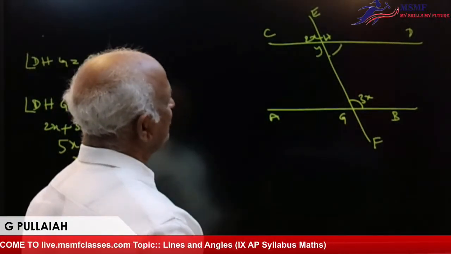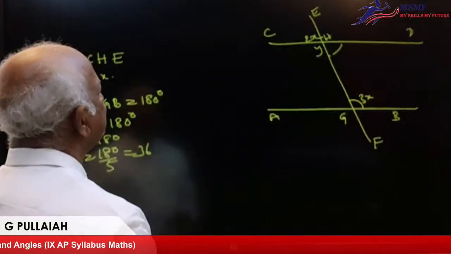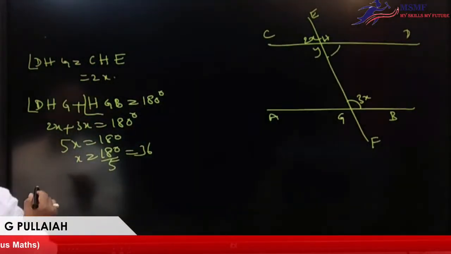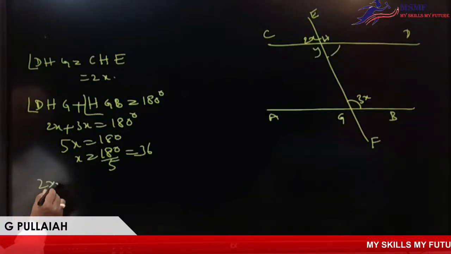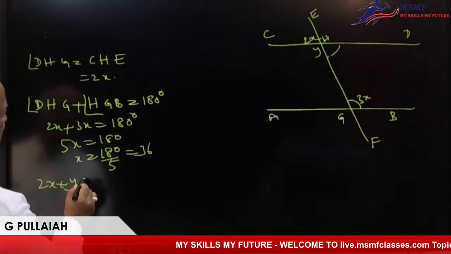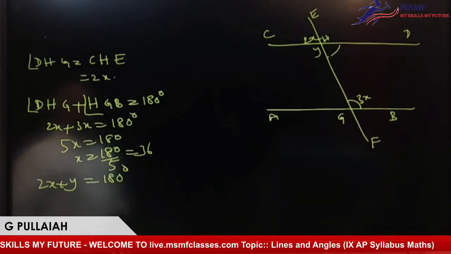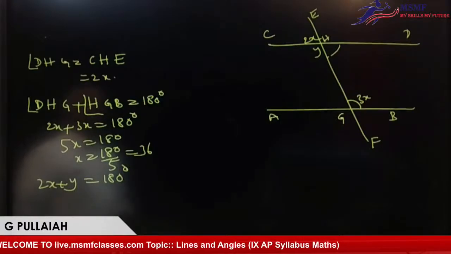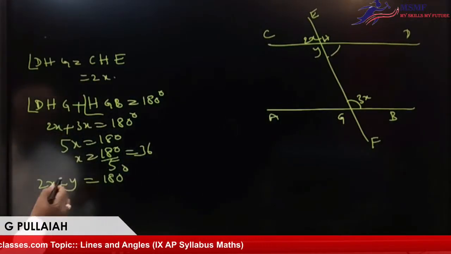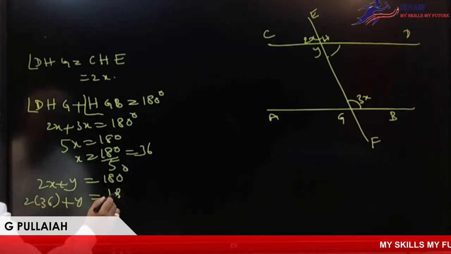Now we are expected to find the value of y. So here 2x plus y is a linear pair, which is nothing but 180 degrees. 2x plus y is 180 degrees. Here x is equal to 36, so 2 into 36 plus y is equal to 180.